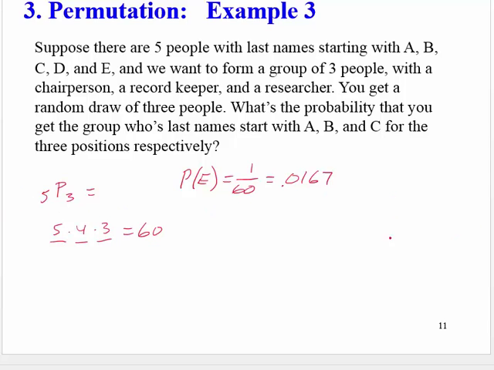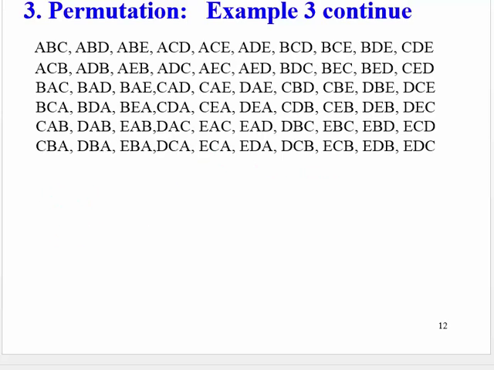Now let's see those events. Since there's only 60 of them, we can take a look at them, and here they are. There's all 60 of them. You start with ABC, then you go ABD, ABE, then ACD and ACE, then ADE, then you start with BCD, and then BCE, and then BDE, and then CDE, right? There's 10 of those.